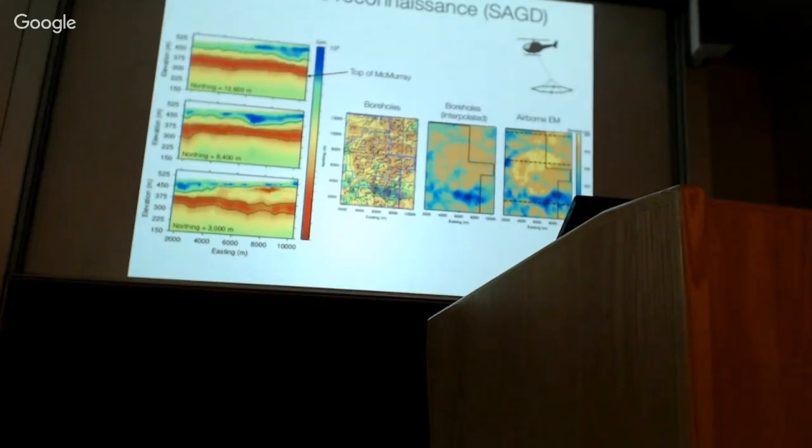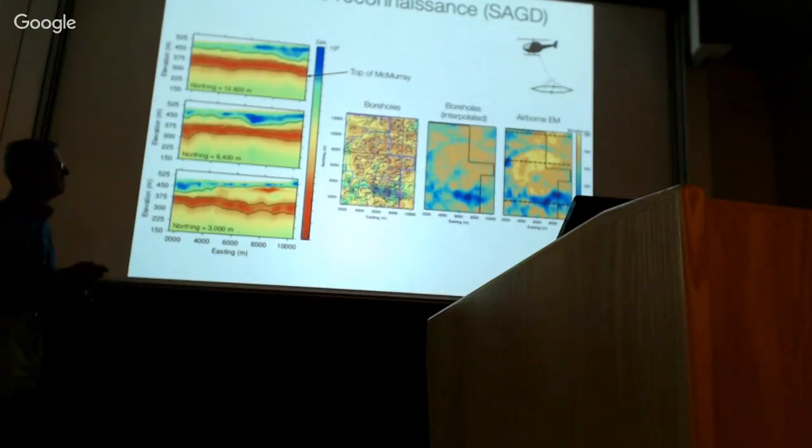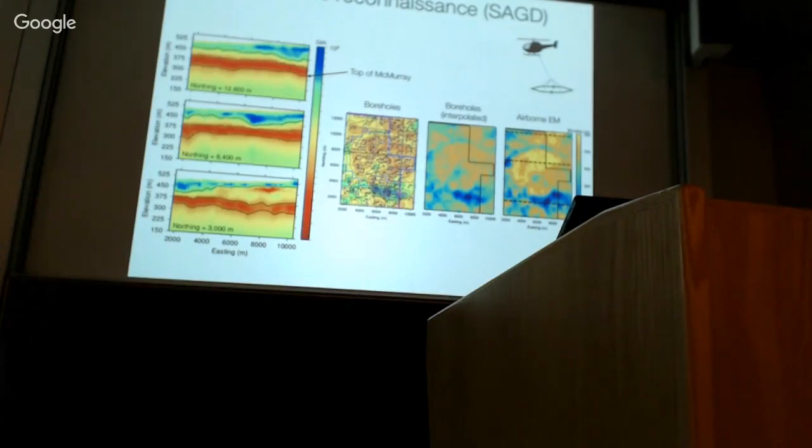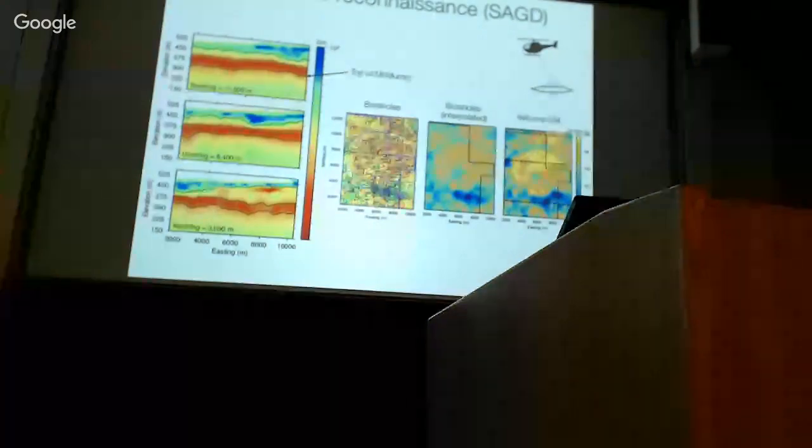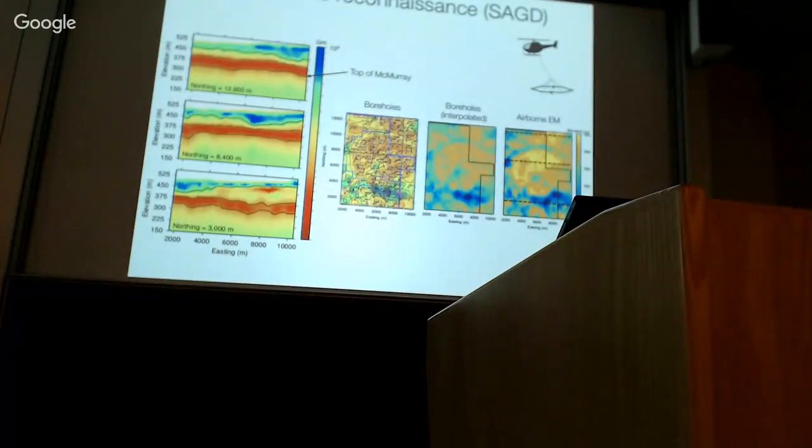From a reconnaissance point of view, this was pretty interesting. The geology was such that there is a particular unit here called the top of the McMurray that is of great interest to the oil companies, because the oil sands are underneath here. Okay, so you want to know where this boundary is.